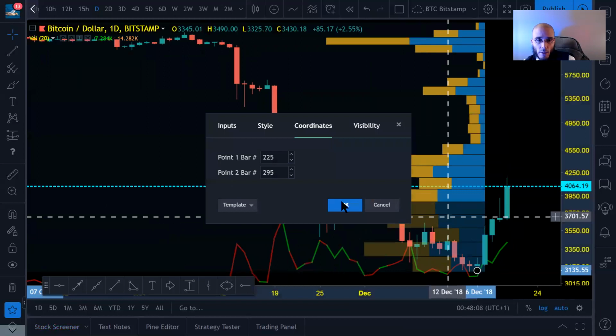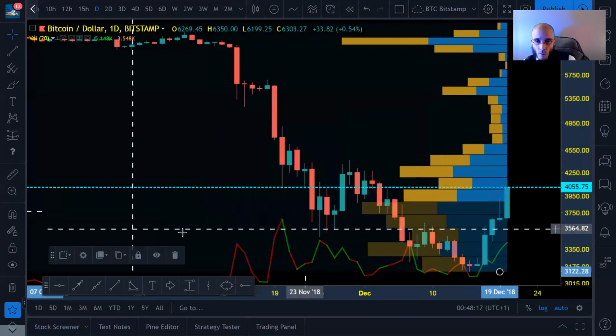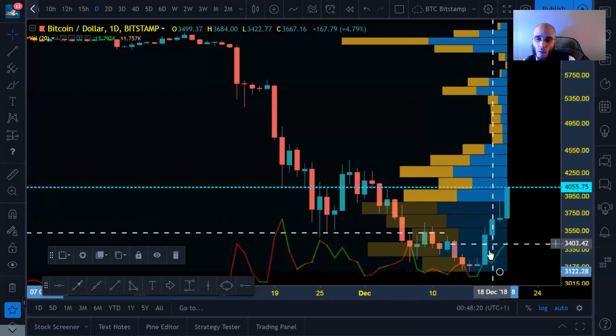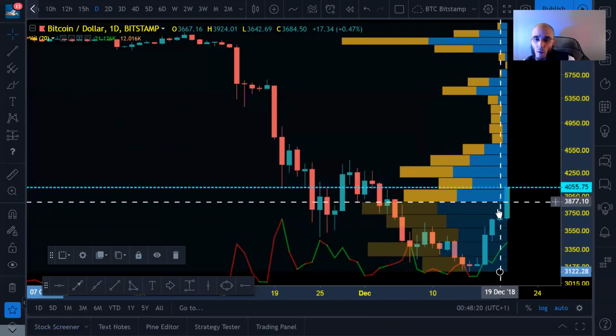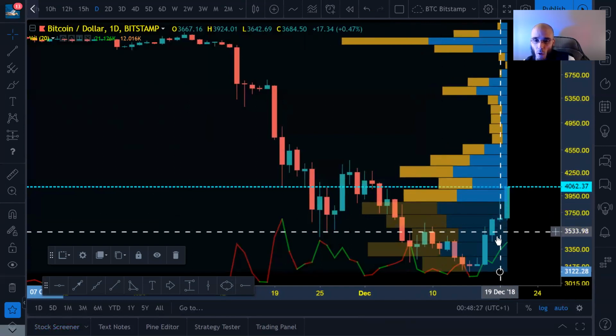If we look at volume, so volume is starting to look good. I mean, there were more buyers down here, and that will be support.